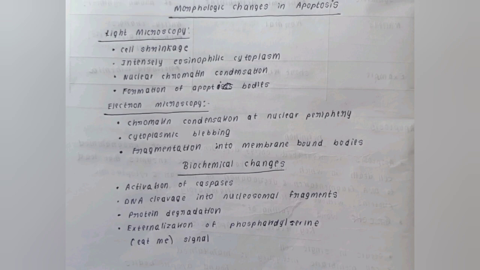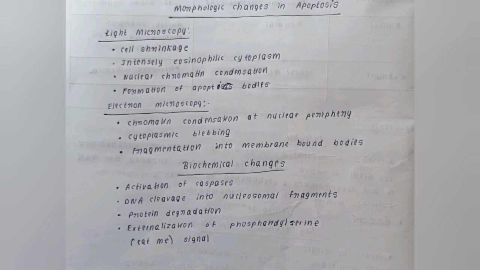Now coming to the morphologic changes in apoptosis, again you can see it in light microscope and electron microscope. In light microscope, the cell will be shrunken, intense eosinophilic cytoplasm is present, nuclear chromatin condensation can also be seen, and apoptotic bodies formation you can see. And under electron microscopy, you can see the chromatin condensation, which will be present at the periphery of the nucleus. And cytoplasmic blebbing. What is blebbing? I have explained it in the long essay video also.